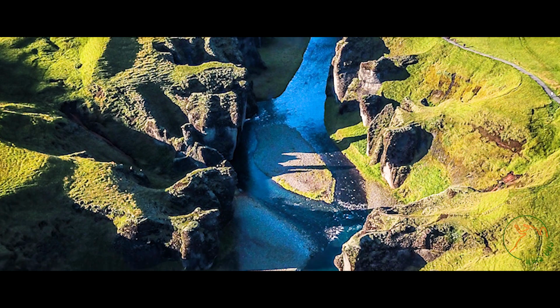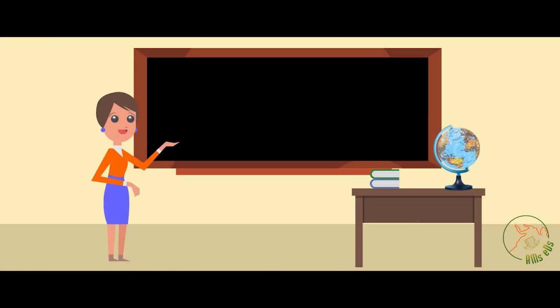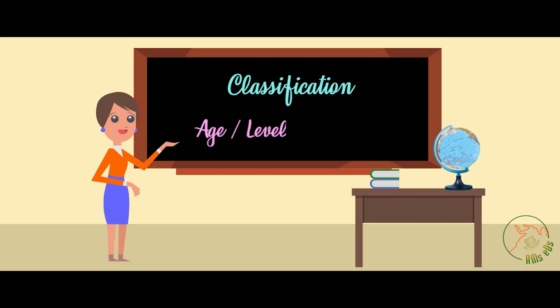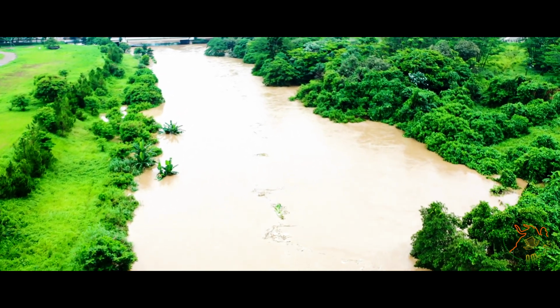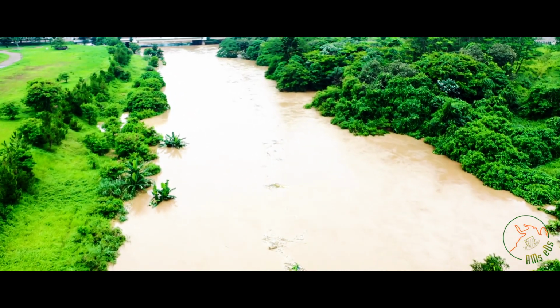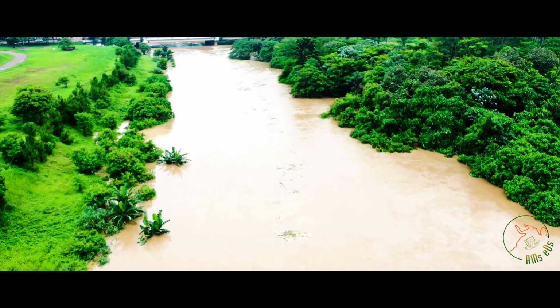Let's start with the second classification of alluvial soil based on the age or level of fertility of this soil, as mentioned earlier. Each year, the monsoon floods lay new deposits of alluvial soil wherever it flows.